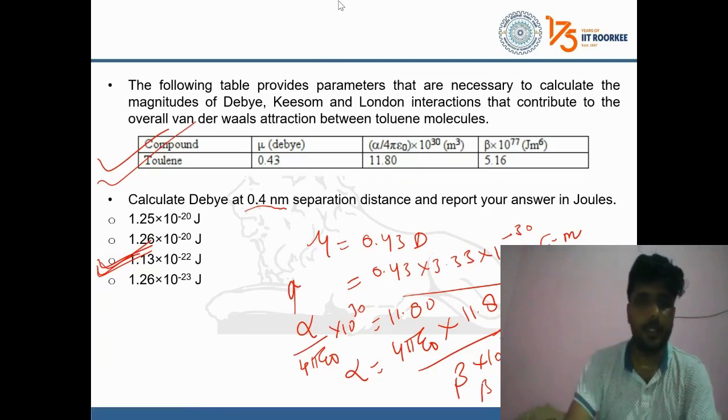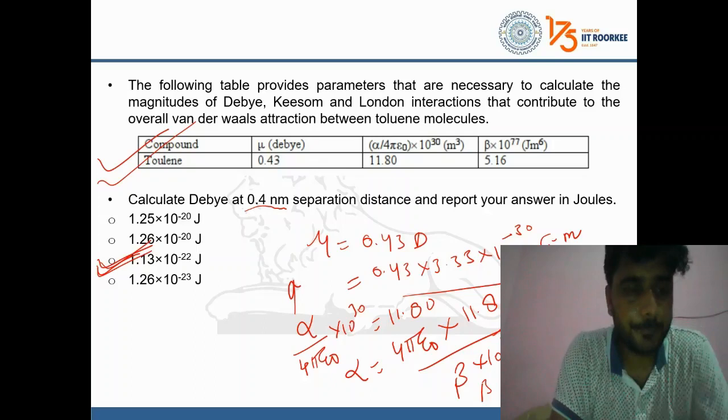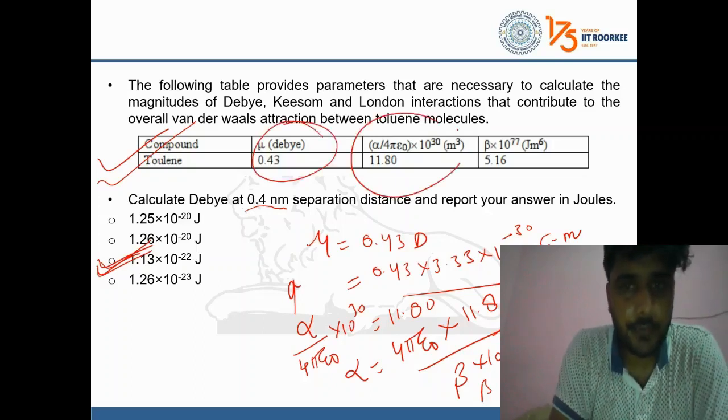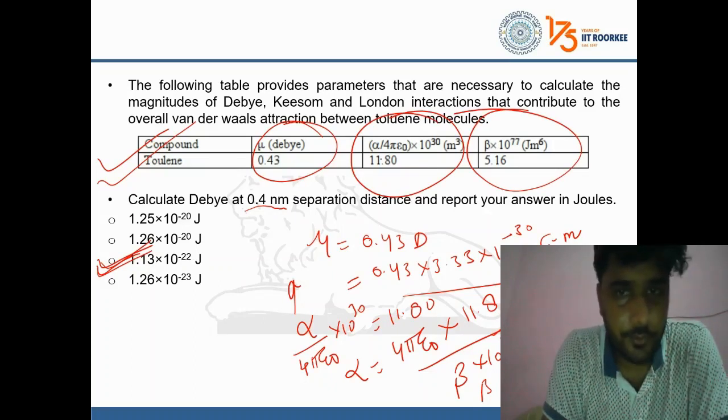In this particular question, these three terms are given. First is the mu, second is the polarizability, and third is the beta.